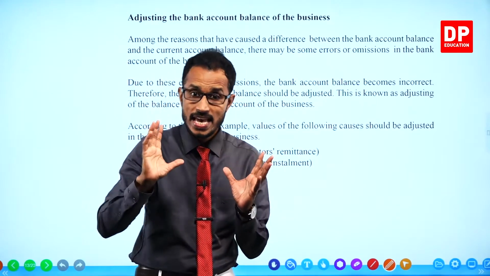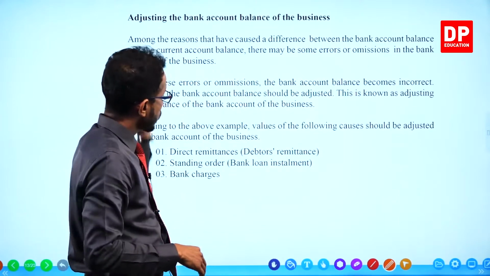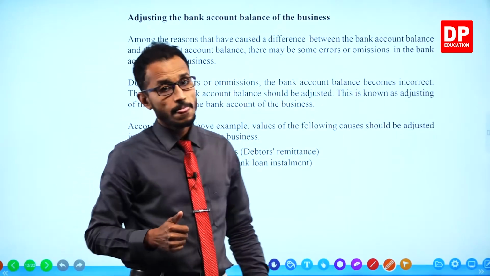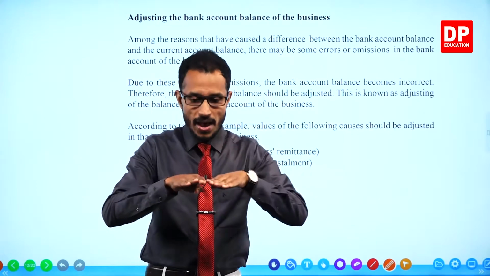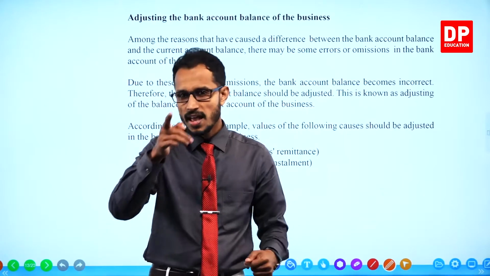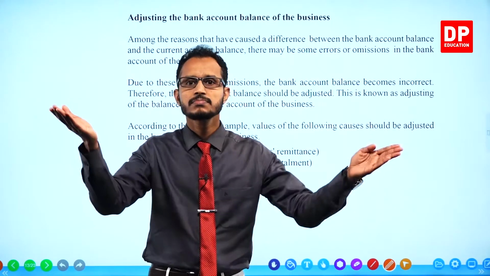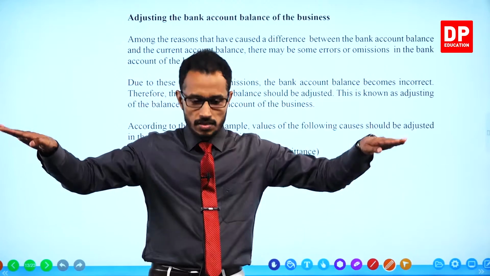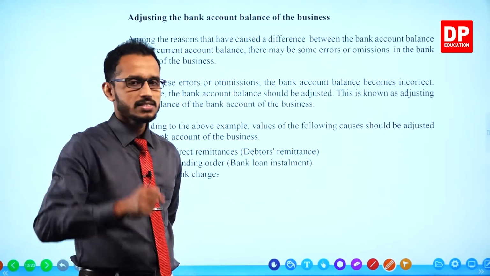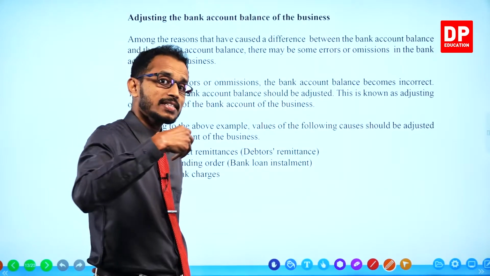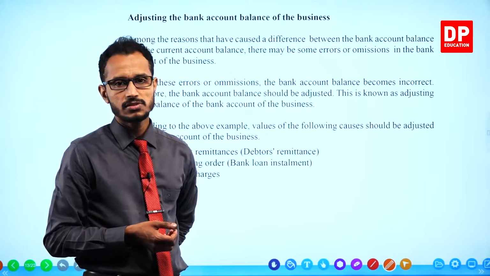We actually took an example question and we compared our bank account with the bank statement, and we did the cross check, and we noted the missing items or the reasons for that difference in the final balances.